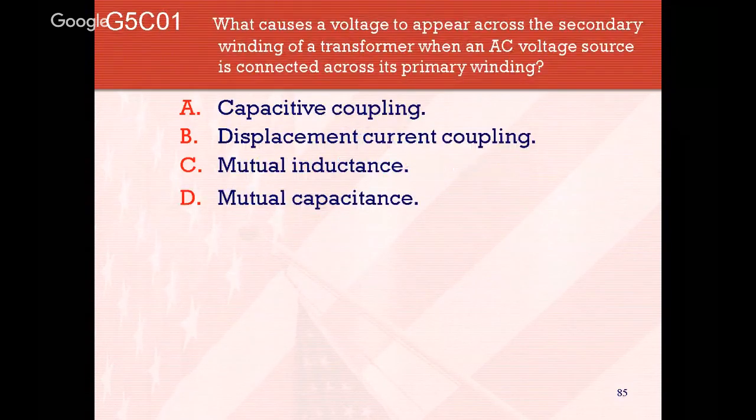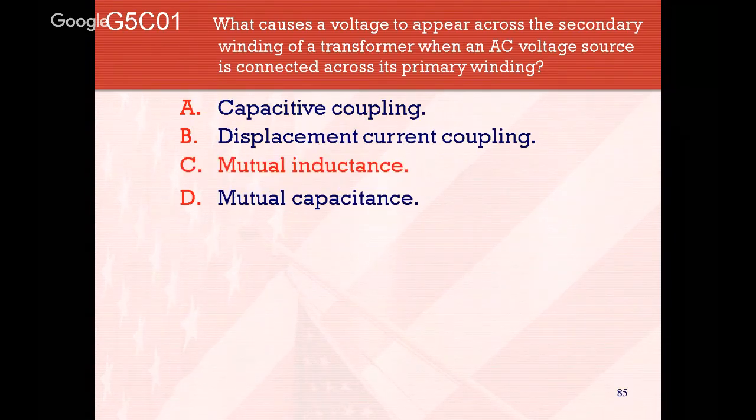What causes a voltage to appear across the secondary winding of a transformer when an AC voltage source is connected across its primary winding? Again, we're talking about inductance. So it's mutual inductance, basically.